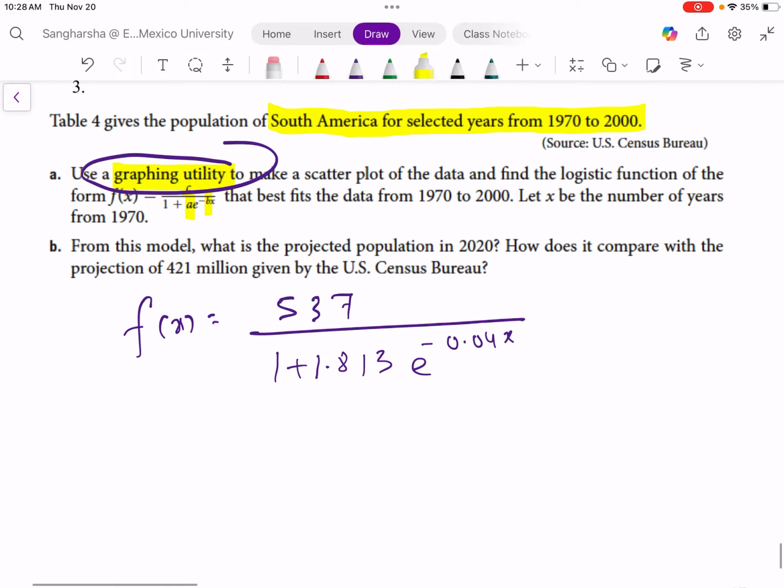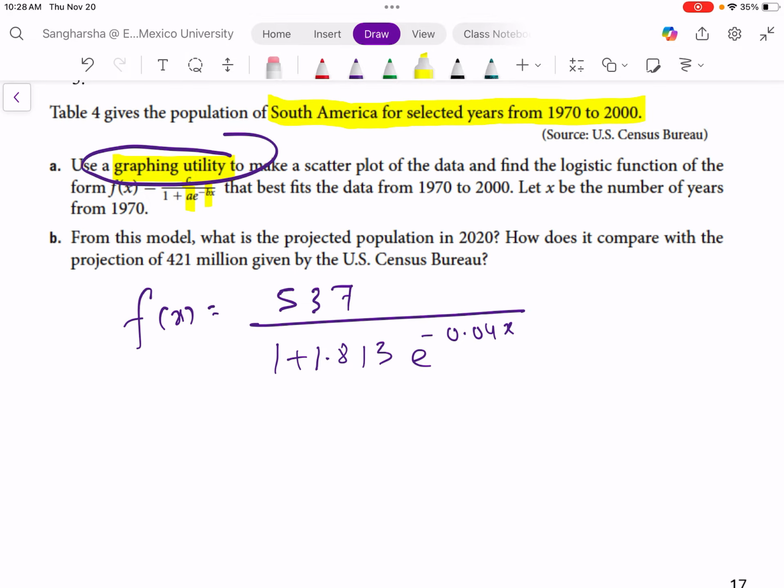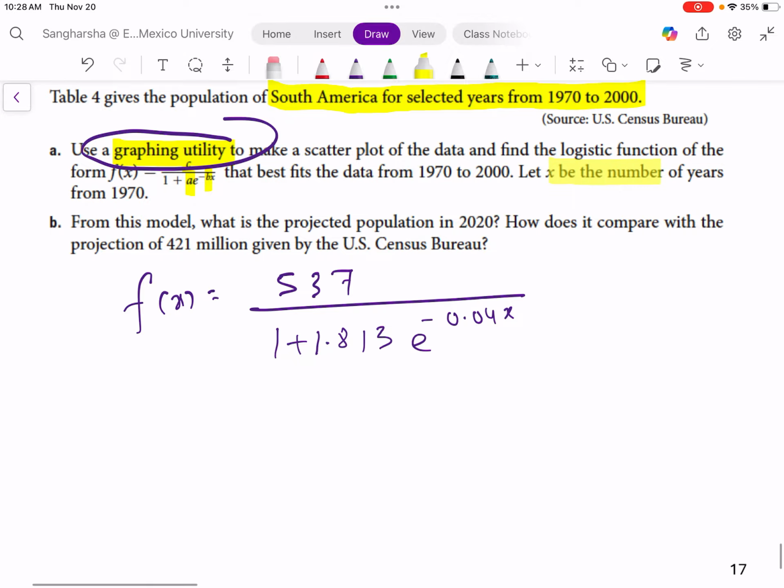They plotted a scatter plot for that data, used the graphing utility, and got this function. We are not finding that function, but let's use it. Here x is the number of years from 1970.